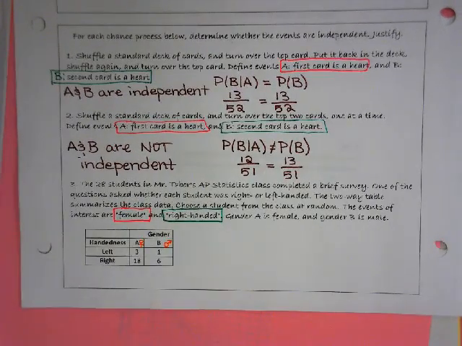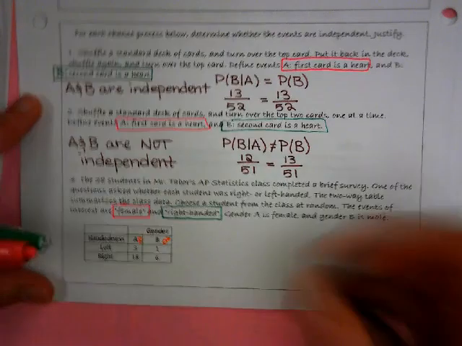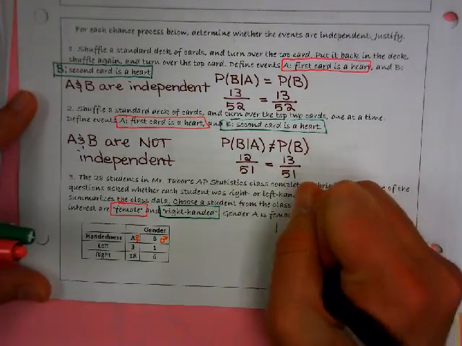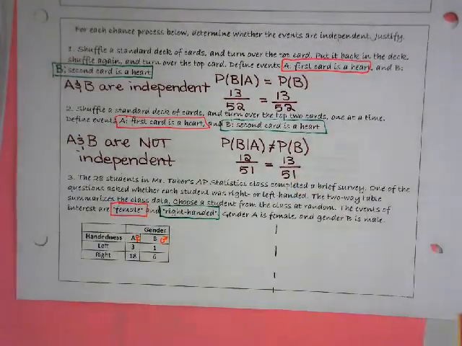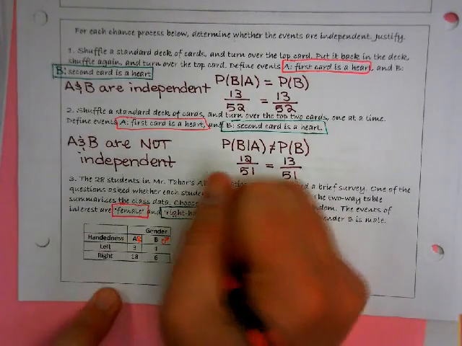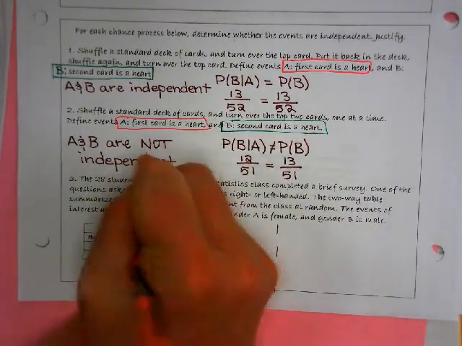So I want to see if those two events are independent. I'm going to use F for female and R for right-handed.